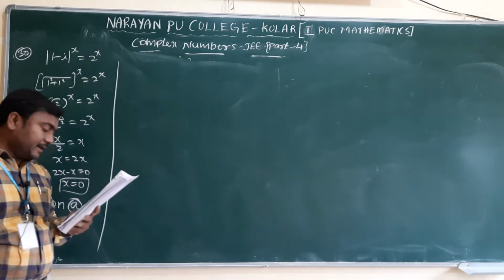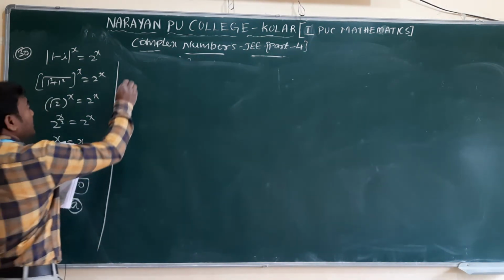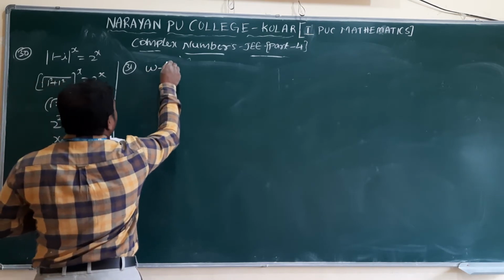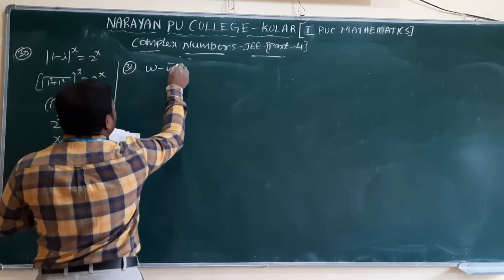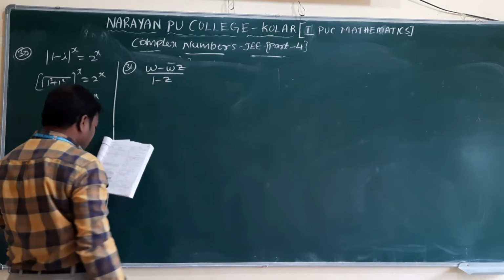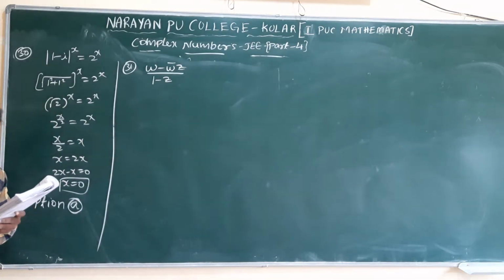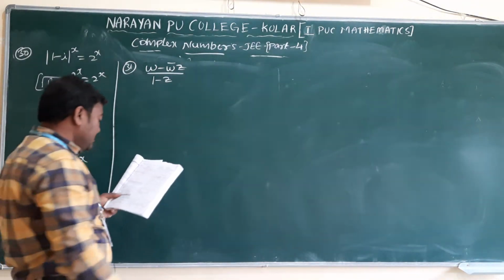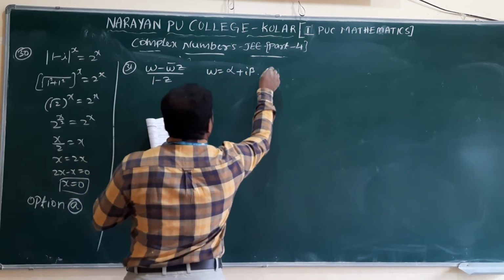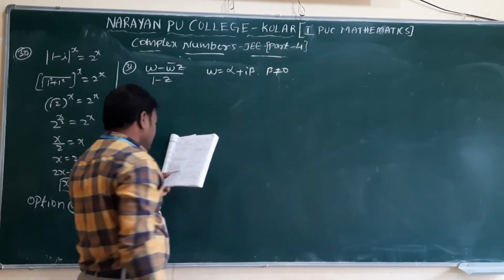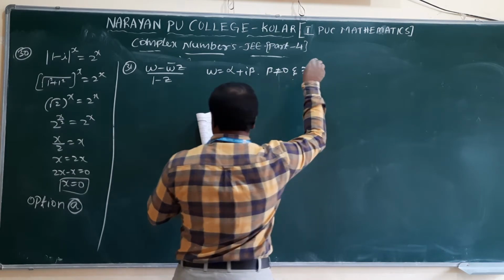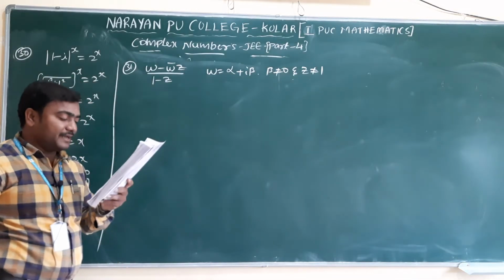Question number 31. If (omega minus omega bar z) divided by (1 minus z) is purely real, where omega is equal to alpha plus i beta, but beta is not equal to 0 and z is not equal to 1, then the set of values of z is.